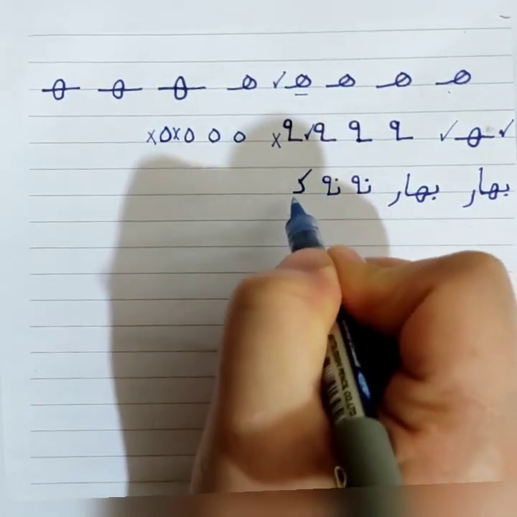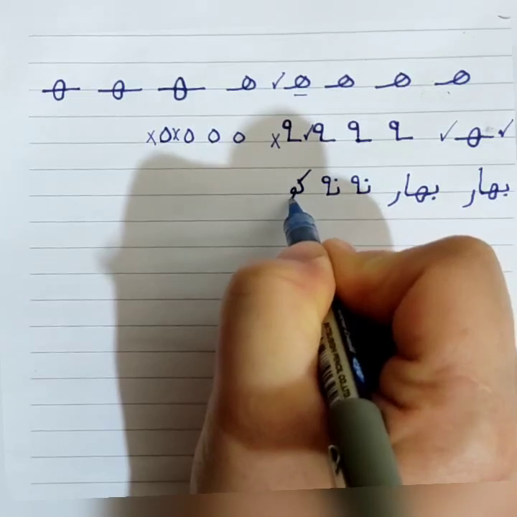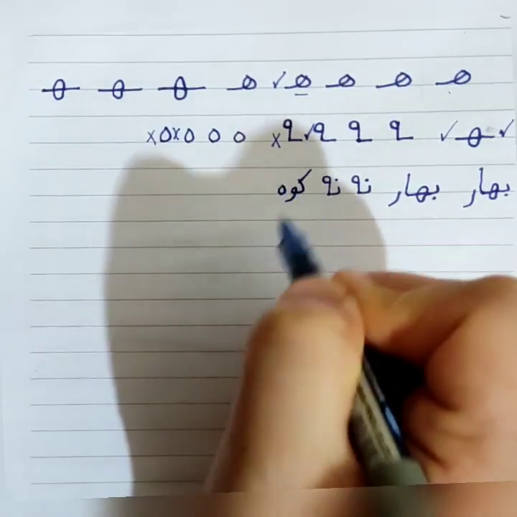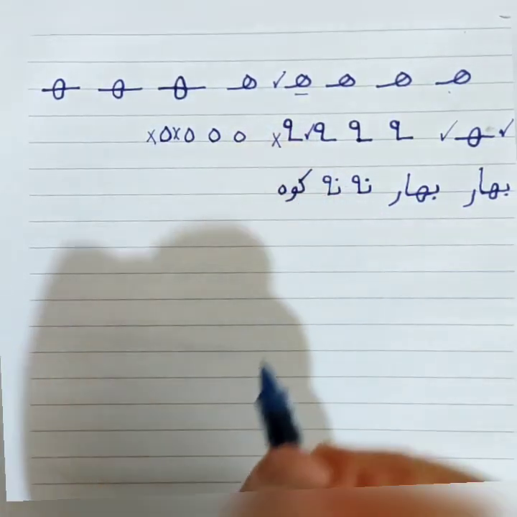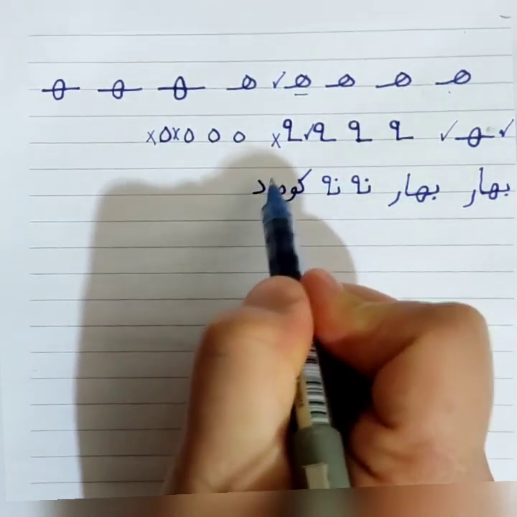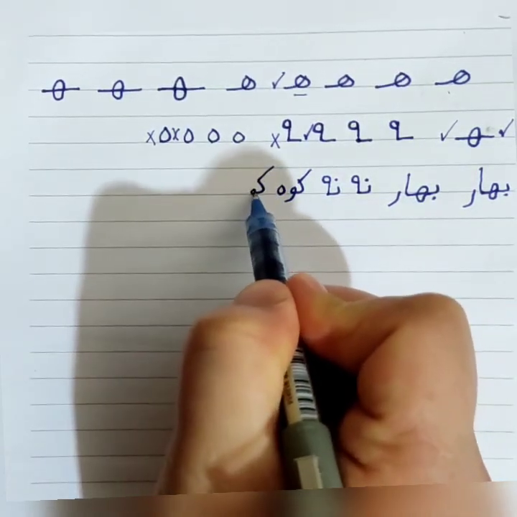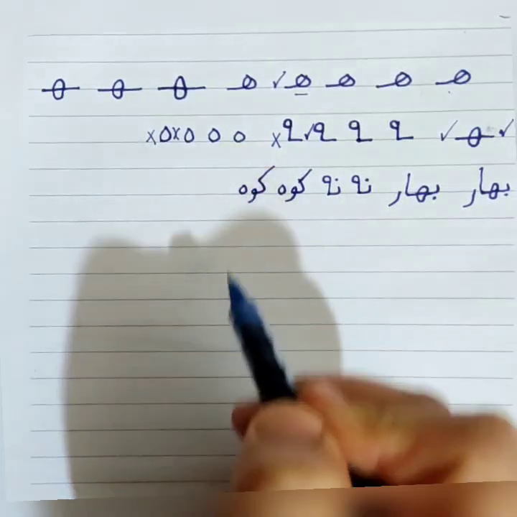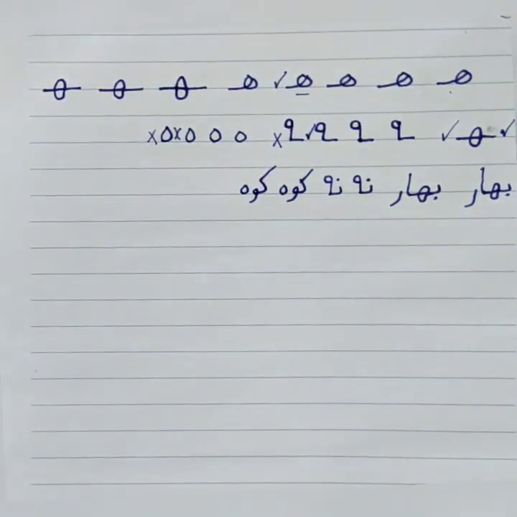Letter kaf, vav, and H. Kuh, which means mountain. Once again, kuh. And the next Persian word is hulu.